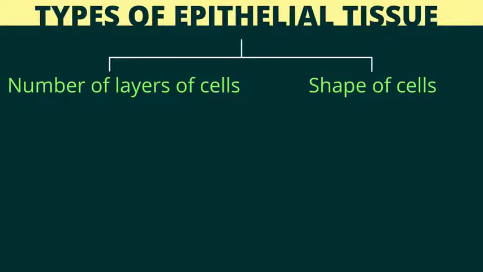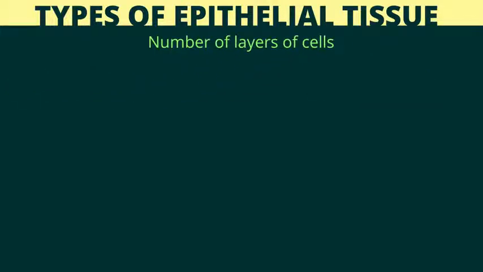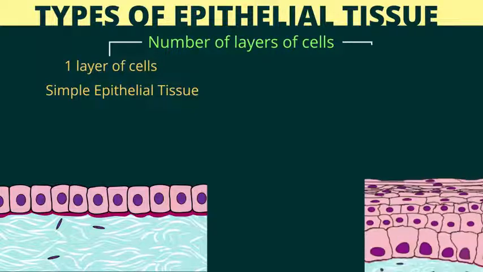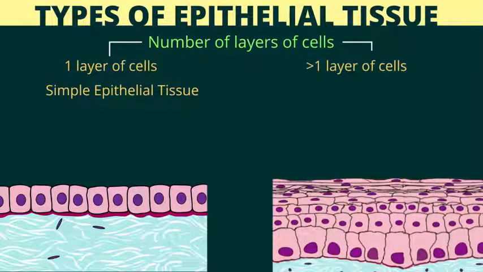So first, let's deal with the number of cells. In this tissue, if there's only one layer of cells, we call it a simple epithelial tissue. And if there are multiple layers of cells, like you can see here, you may expect it to be called the opposite of simple, that is complex. But no, it's called stratified epithelial tissue.